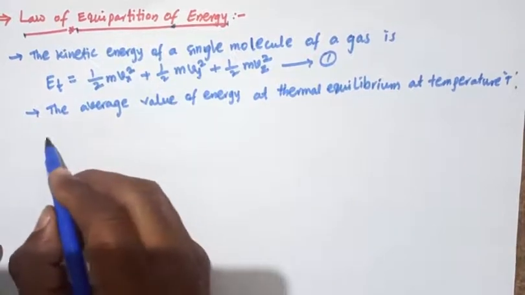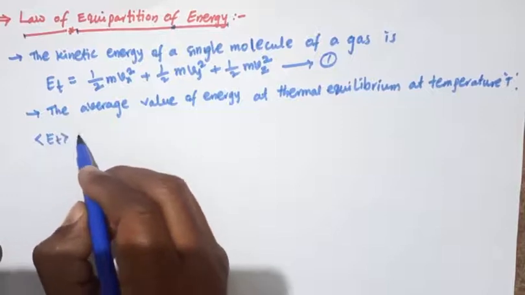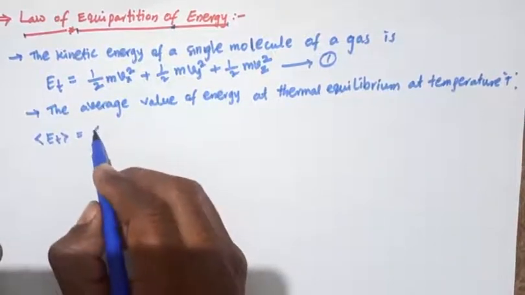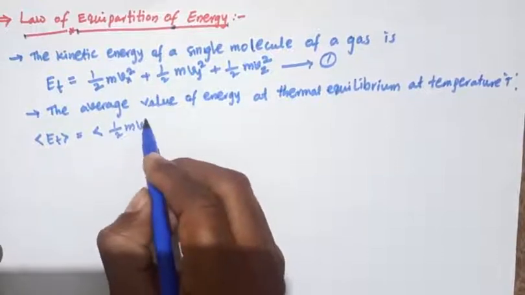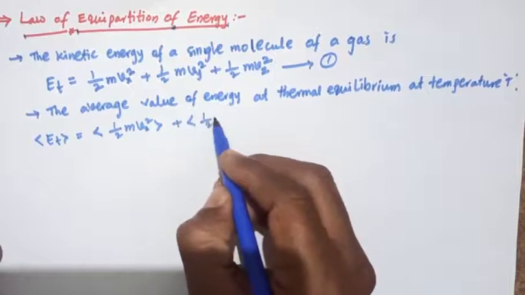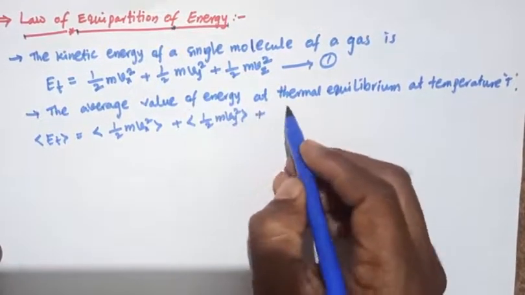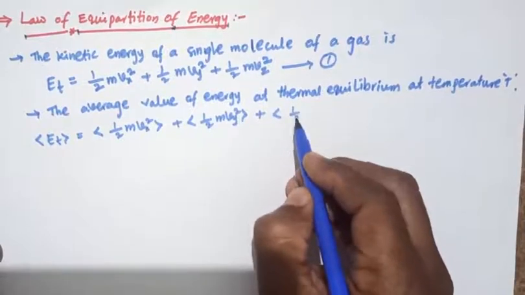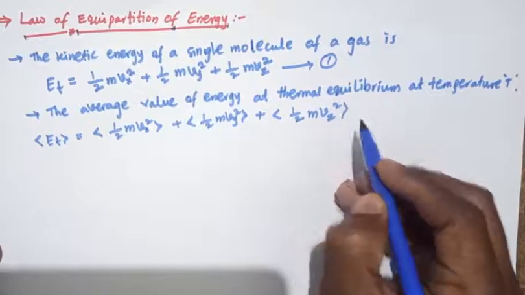So the average value is taken as E translational equals the average of half m vx square plus the average of half m vy square plus the average of the kinetic energy along the z direction.